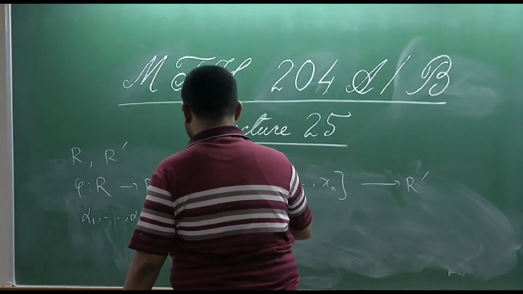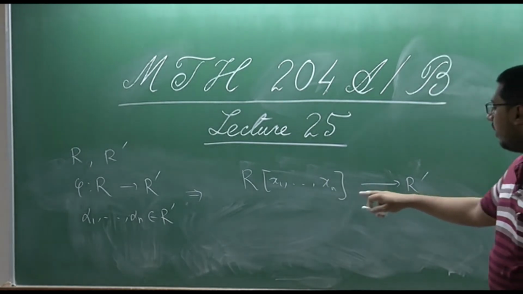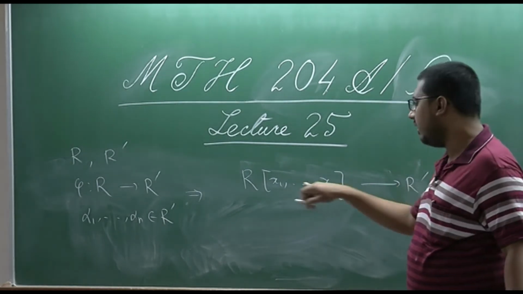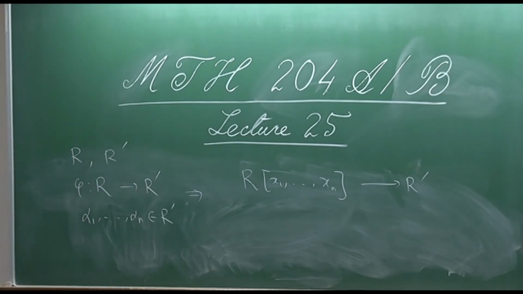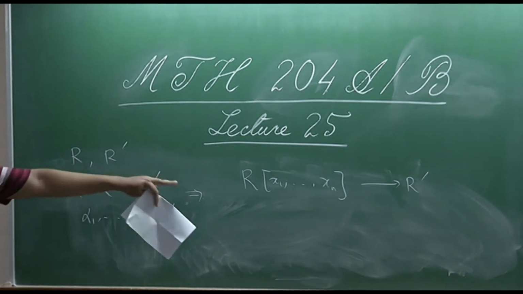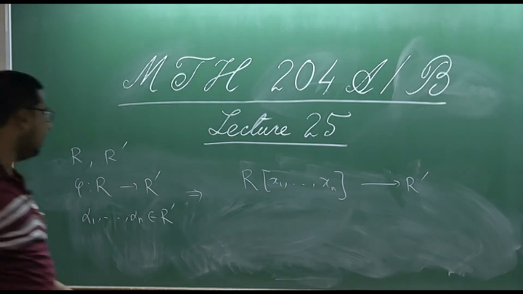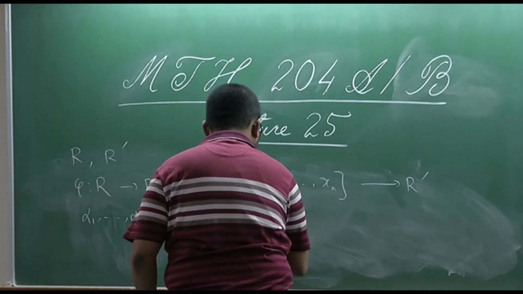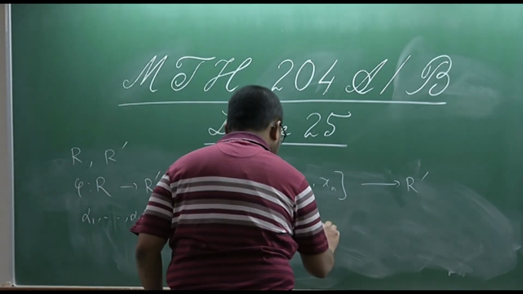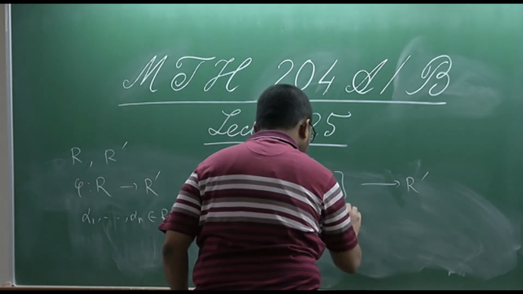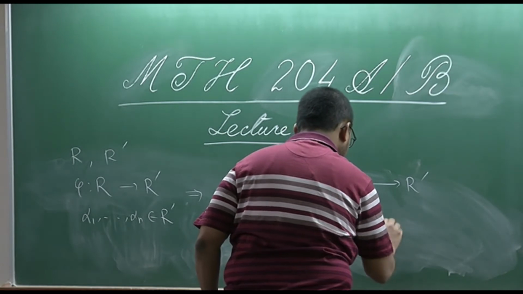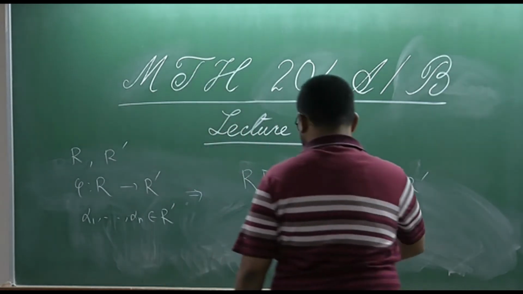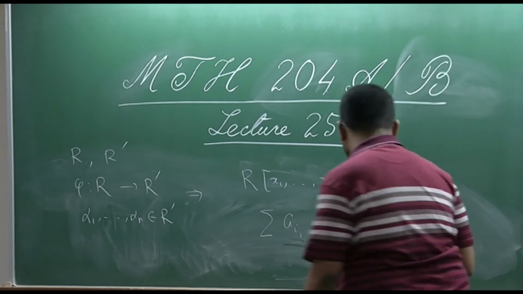So, there is a homomorphism from this polynomial ring to R prime, extending the given one, and sending each xi to alpha i. So, how is that defined? Recall that here a typical term looks like this. All but finitely many coefficients are 0.